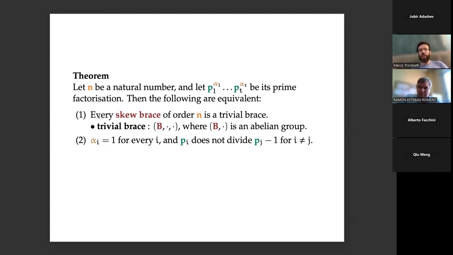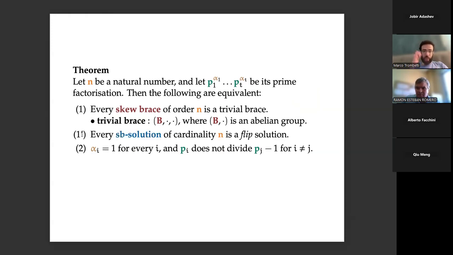You could ask, what is the number n for which all skew braces of that order are trivial braces? This is another way to think about this problem. And you can also add another condition, because you can think in terms of solutions.